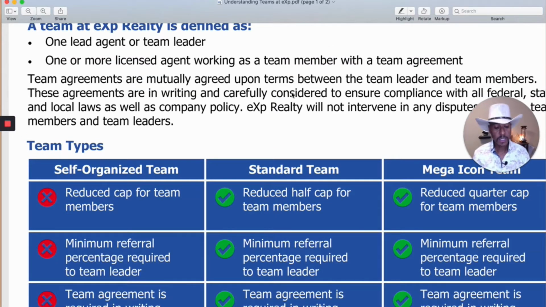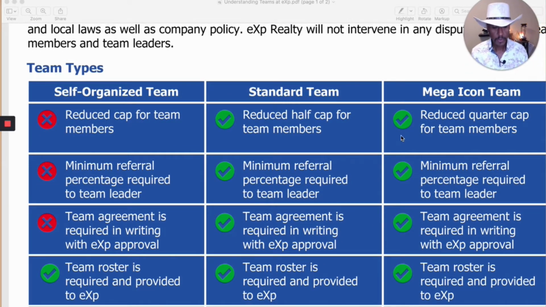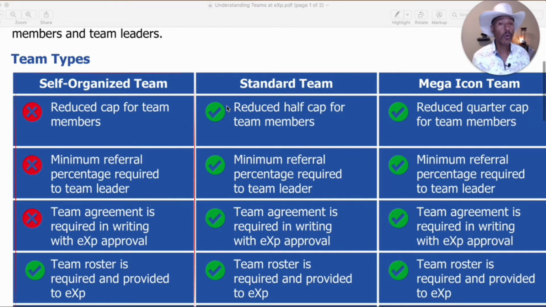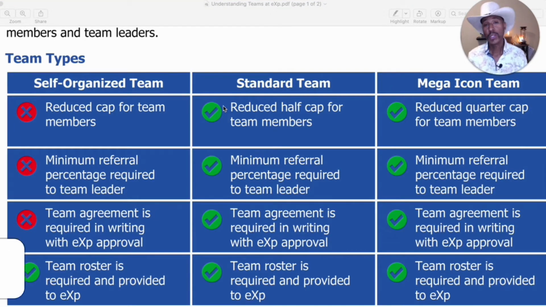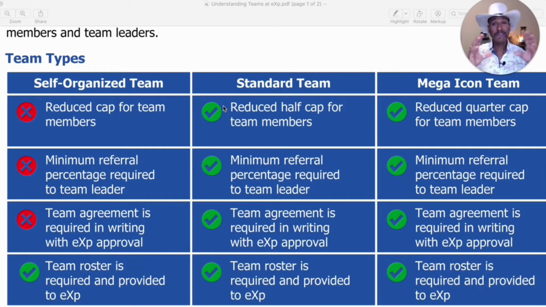Essentially, when you look at the team types, there are 3 different types. The first team type is a self-organized team. That's the easiest team type to organize here at eXp because it's self-organized. In other words, you don't have to really do much. You just have to come up with a logo and the name of our team.